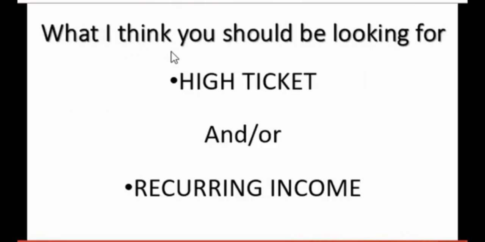So what I think you should be looking for when you're trying to find a product to promote, if you can, it obviously depends on what niche you're in, but I recommend high ticket. It takes the same amount of effort to sell a $50 product as it does a $1,000 product.